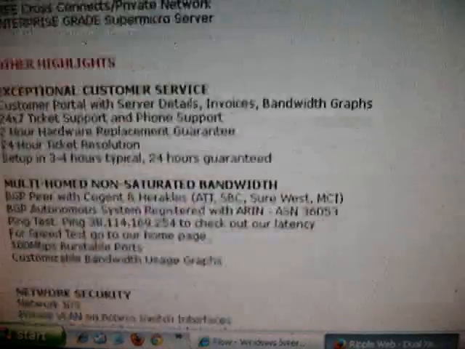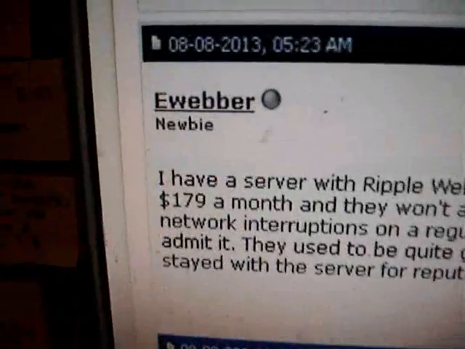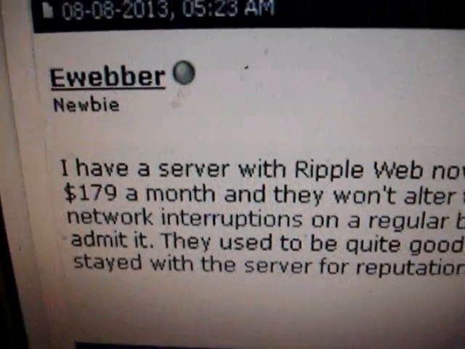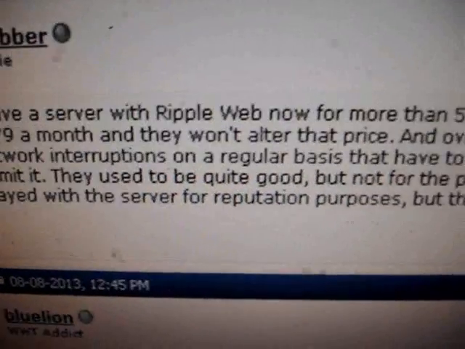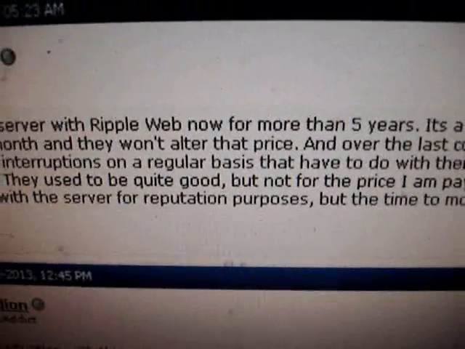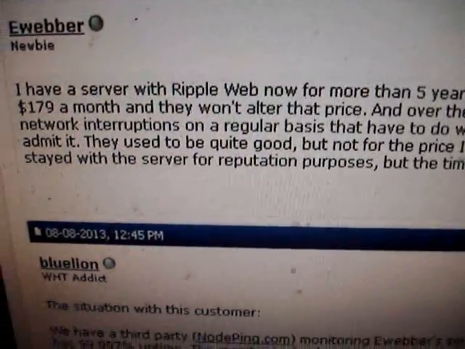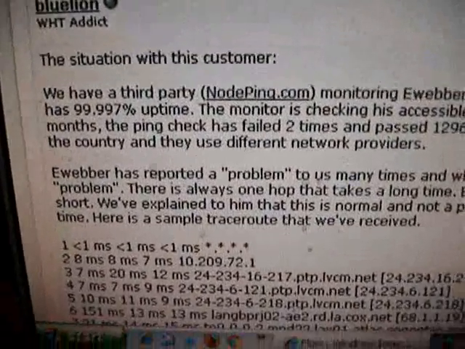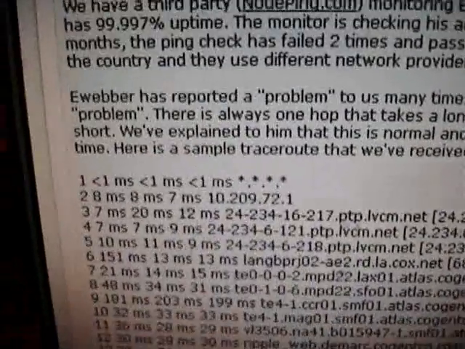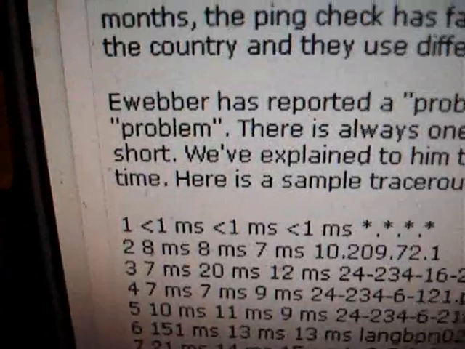Whatever. So here we go, down to where I've actually made a note about my complaint, my problem, and where they actually responded, and they cherry-picked a traceroute out of one of them.